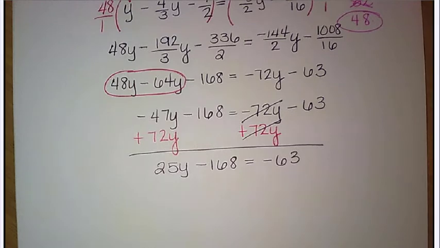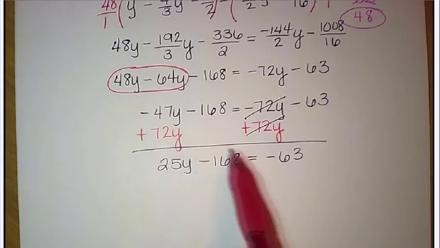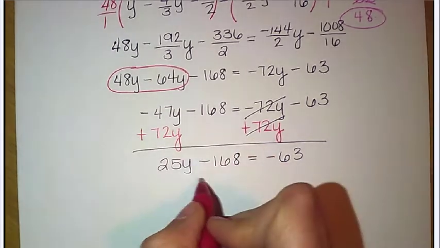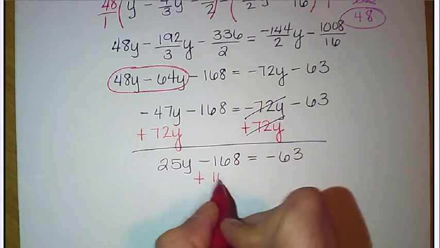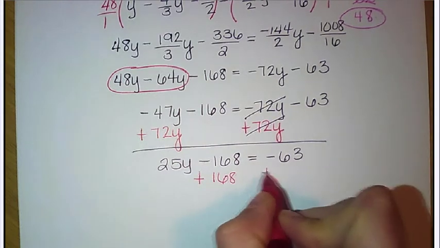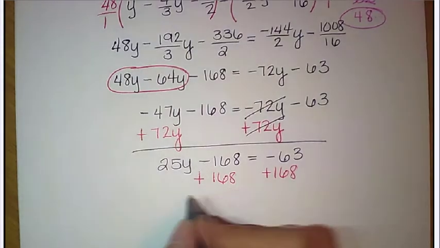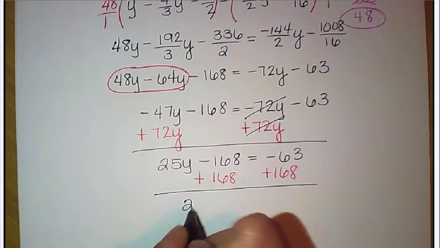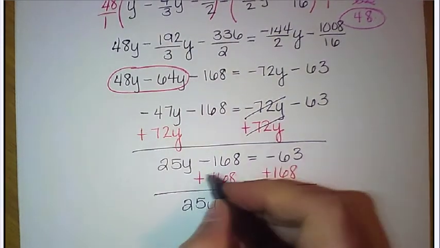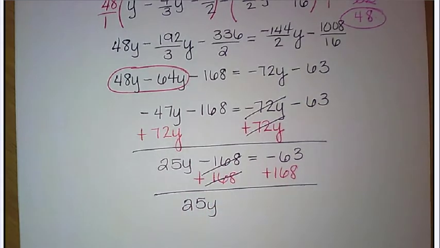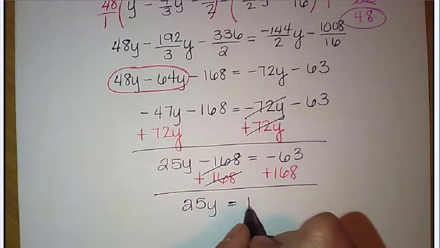All right, so we're getting real close to the end here. We need to move this negative 168 away from our 25, so we're going to add 168 to both sides. Okay. So we still have our 25y. Our 168s are canceling out, and 168 minus 63 is going to give us 105.